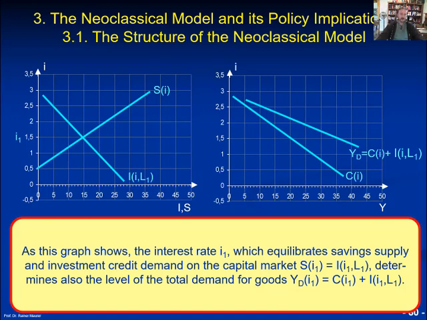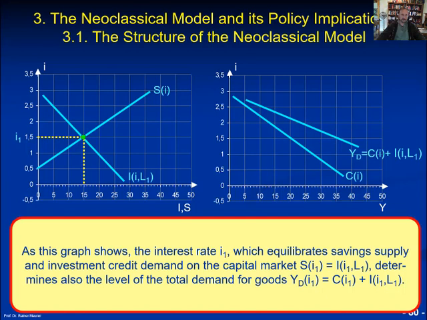So we are now able to determine the total demand for goods at the market equilibrium interest rate. The market equilibrium interest rate is determined on the capital market. In this example, it is equal to 1.5%.